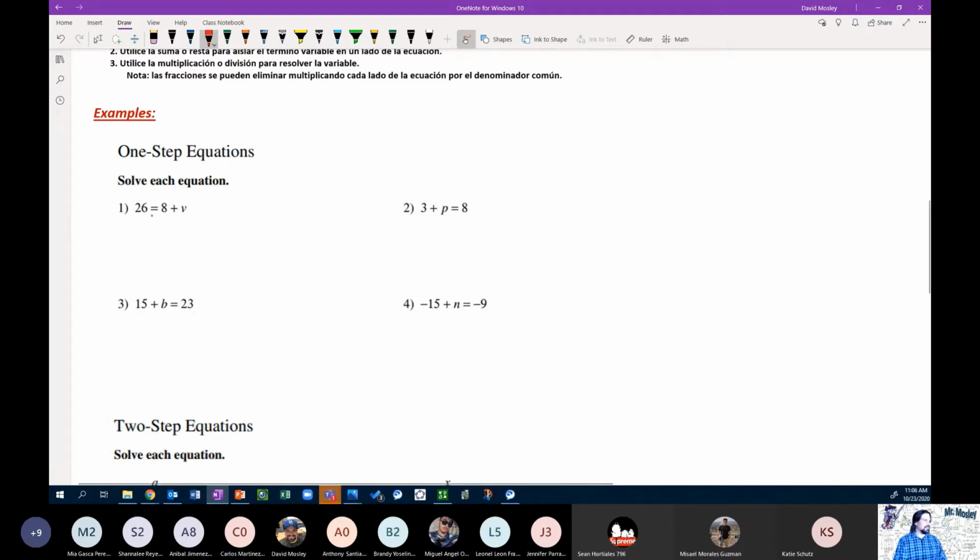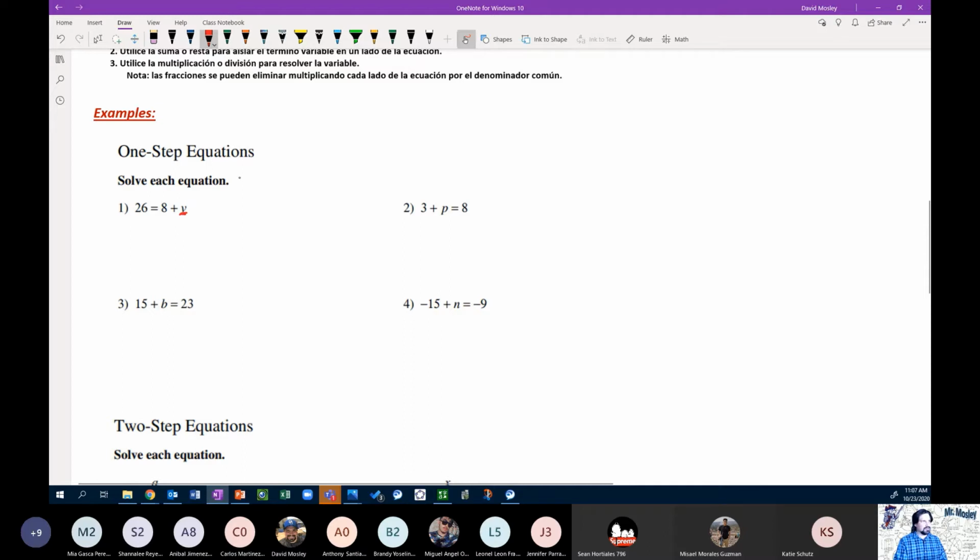So for this equation, these are one-step equations. All right. I'm going to be adding or subtracting to get to the solution. I don't have parentheses, right? I don't have like terms. So I'm just adding or subtracting. So our first step here is I need V by itself.